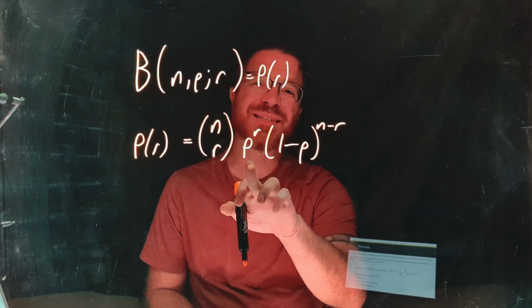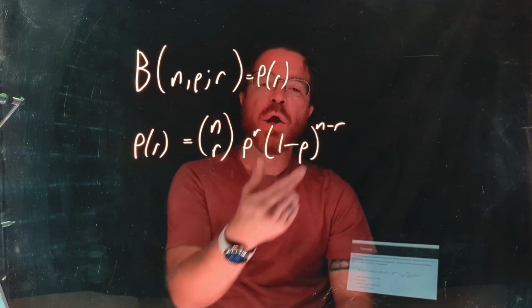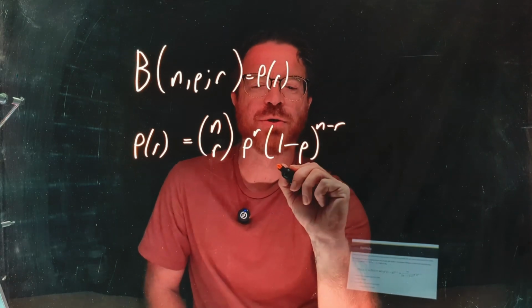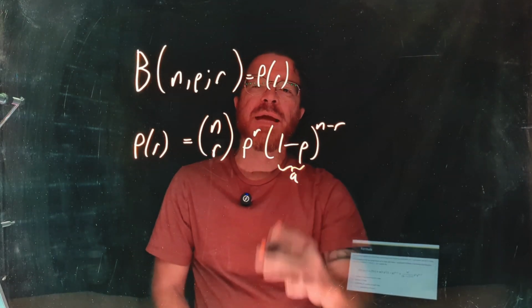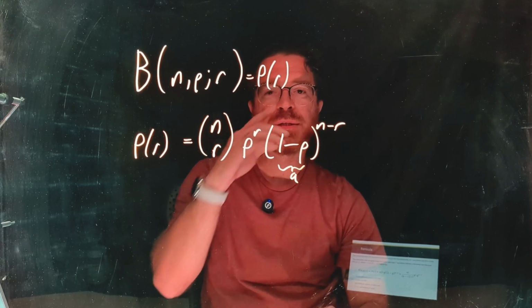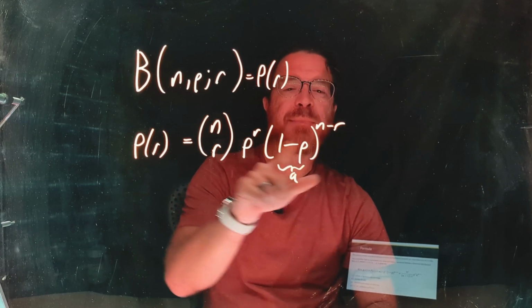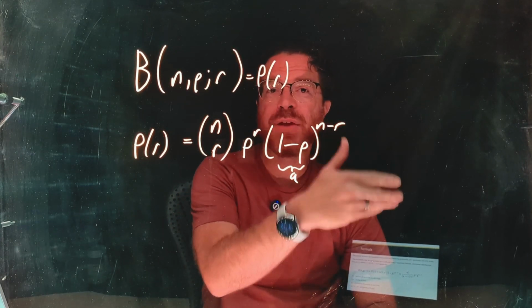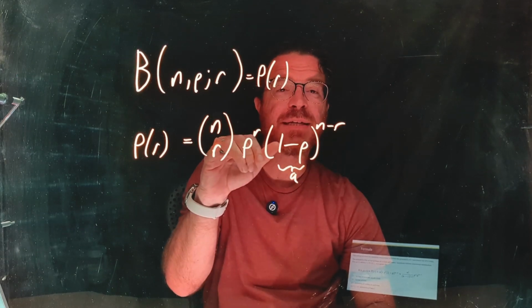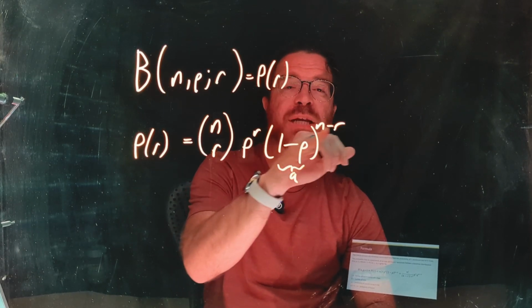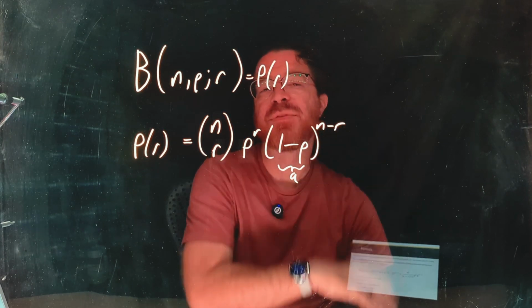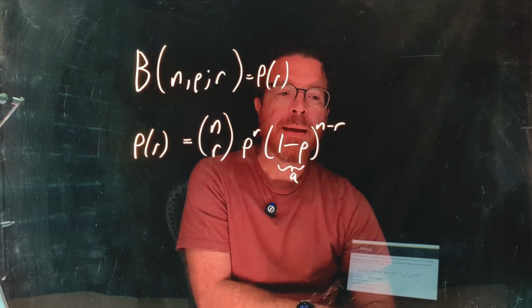So what's the probability of being a success? And we're taking that to the R power. 1 minus P, which of course you could also write as Q, is the probability of failure. Now, if we have a total of n trials and we have R successes, that means we have n minus R failures, right? So if n is 20 and R is 12, that means that 20 minus 12, or 8 of the outcomes, have to be failures.